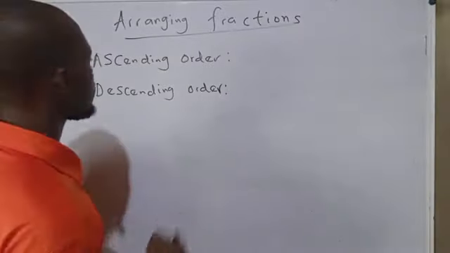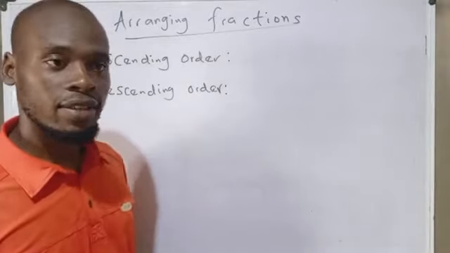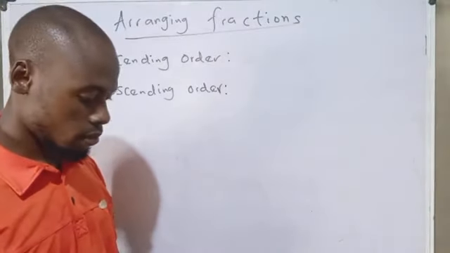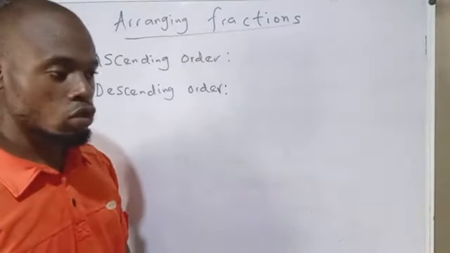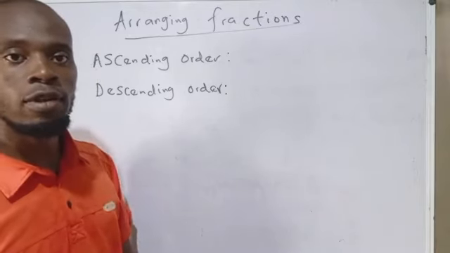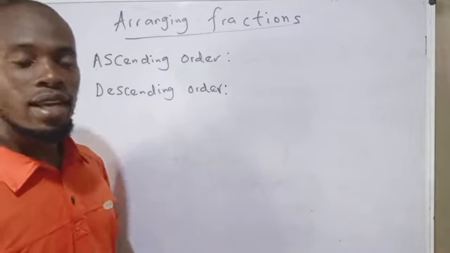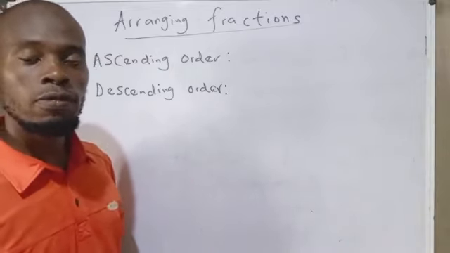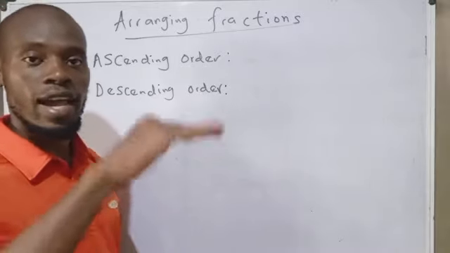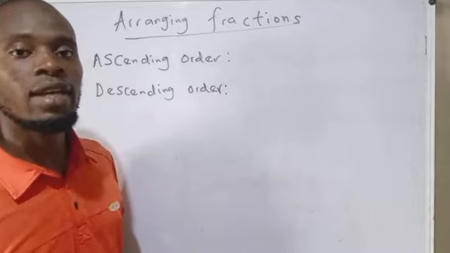Now, for the ascending order, you imagine you want to climb the stairs. You want to move maybe from the ground floor to the first floor or something like that. You want to climb up. That means you are going to move from the lower region to the higher region, right? And that's exactly what we mean by ascending order.